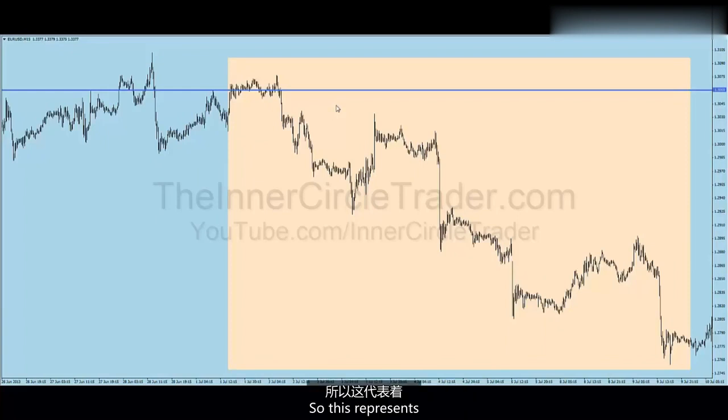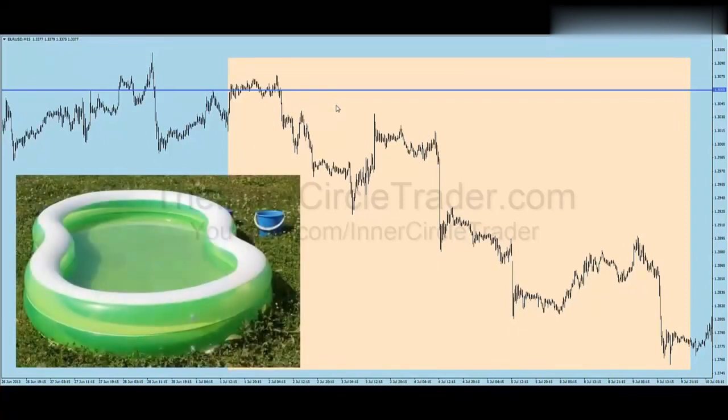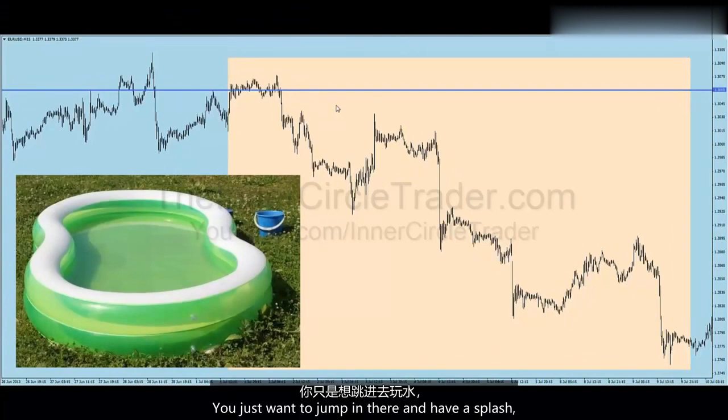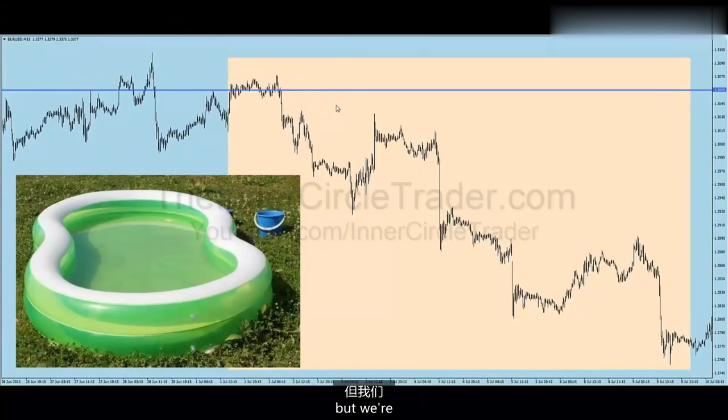Okay, so this represents Forex. Looks inviting, doesn't it? You just want to jump in there and have a splash. But we're going to use this analogy, this small little pool here, that will represent the market. Okay, the arena is the pool, and price is the water.